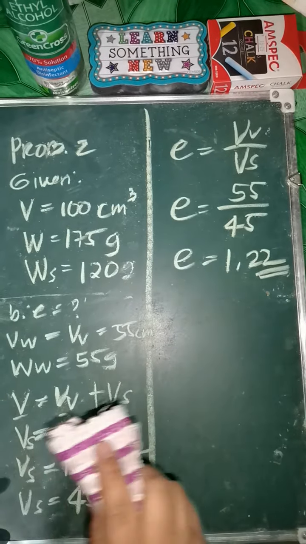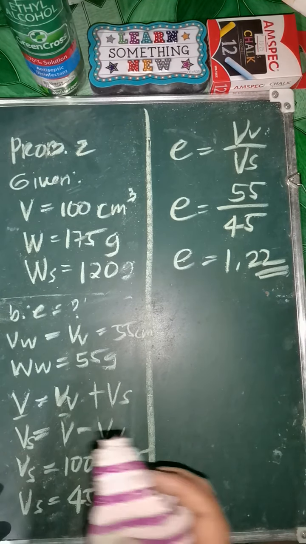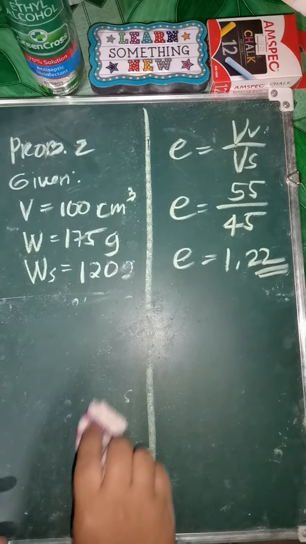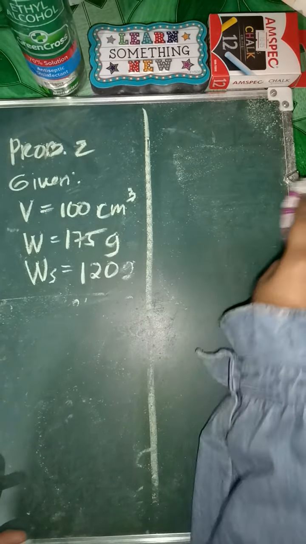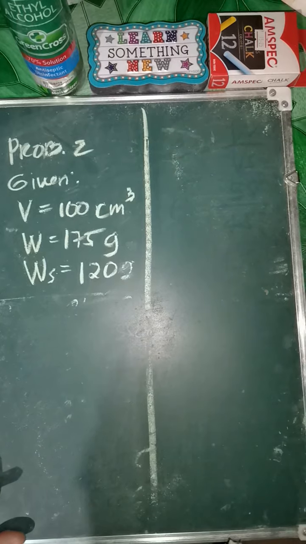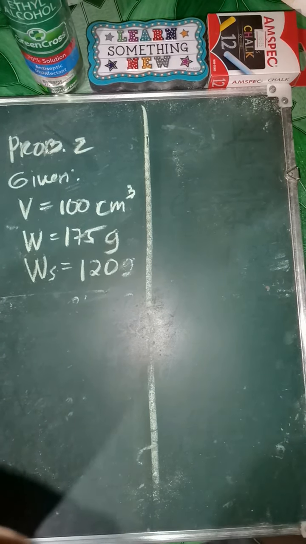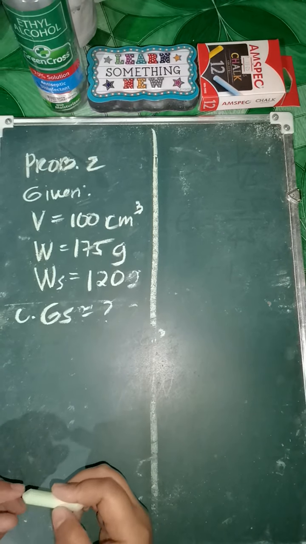Next, let's try to solve letter C. Compute the specific gravity of the soil. So we have specific gravity, that is Gs, G sub S. In this equation, let's go back to the problem.